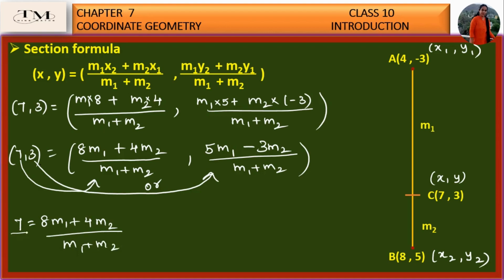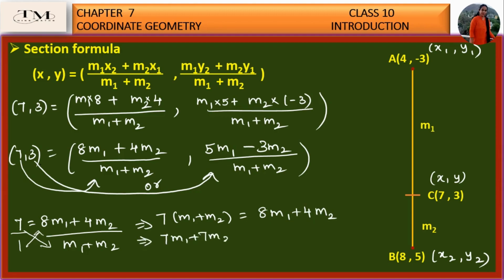This 7 is nothing but 7 by 1. So cross multiplying, 7 into m1 plus m2 equal to 1 into 8 m1 plus 4 m2. So this is nothing but 7 m1 plus 7 m2 is equal to 8 m1 plus 4 m2.